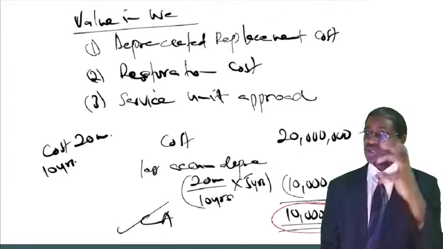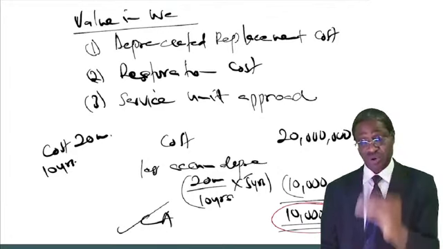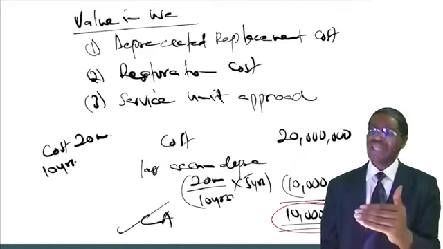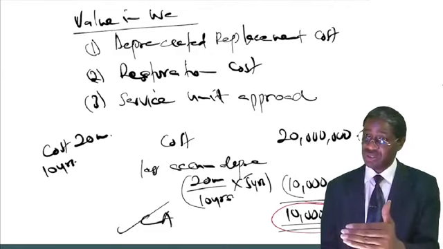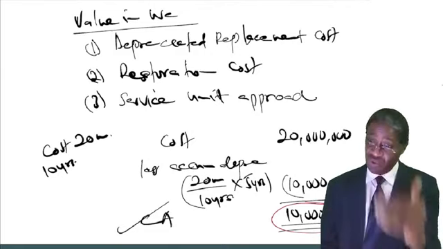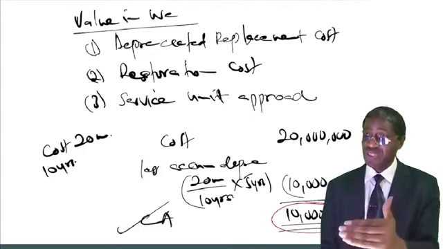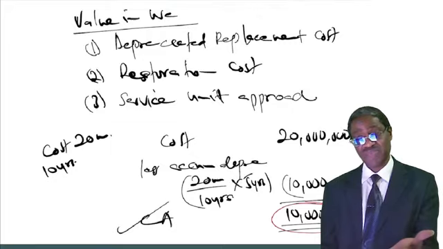In all three methods, you first have to calculate the depreciated replacement cost. Once you get it, then it's from there that you ask yourself, which method am I required to use to compute the value in use? If you are using the depreciated replacement cost, whatever you have got becomes the value in use. Okay?